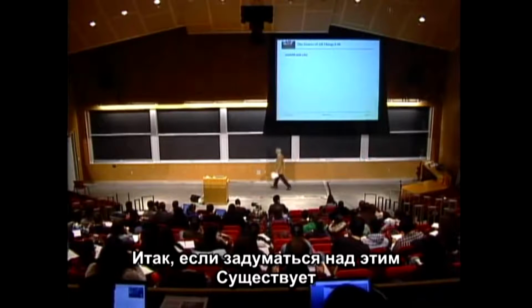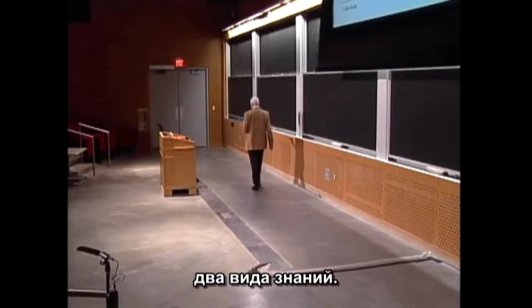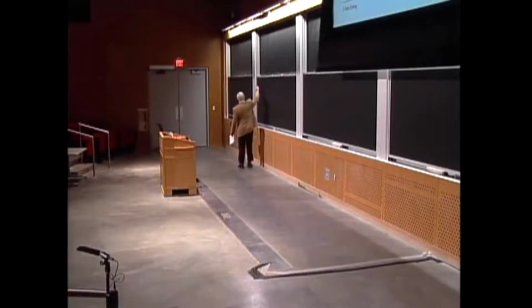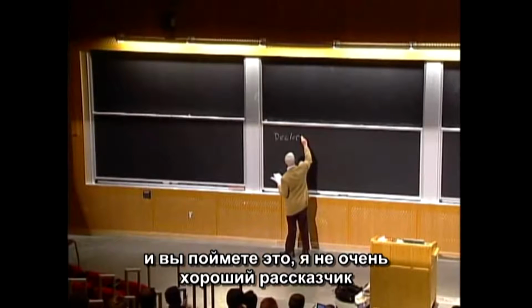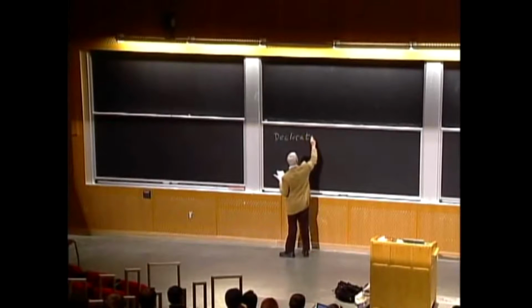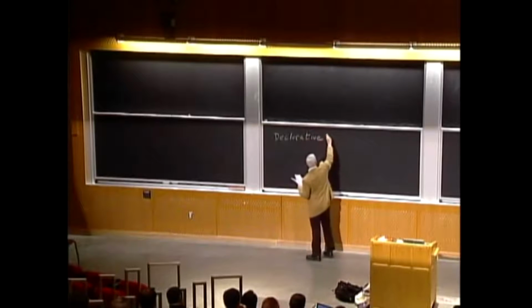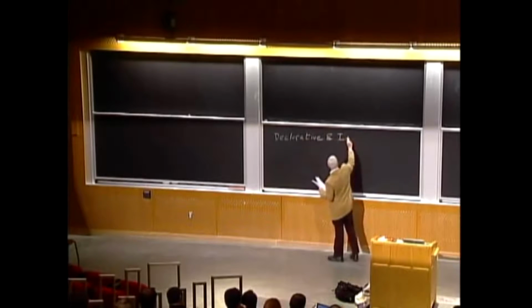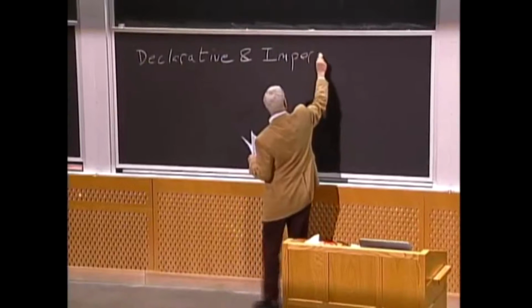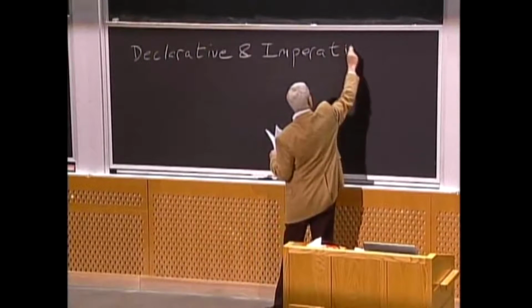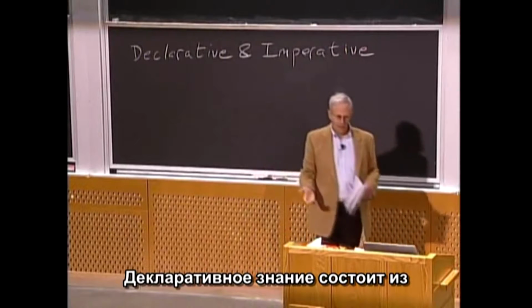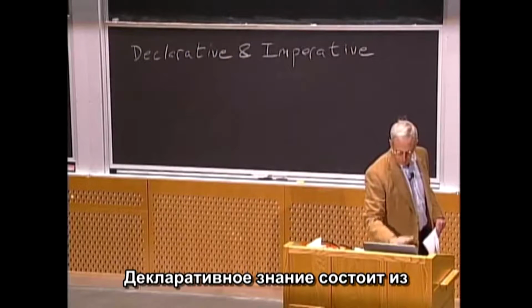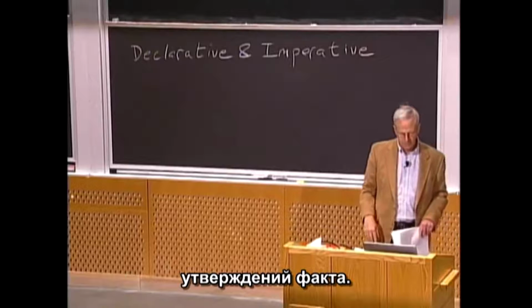So if we think about it, there are essentially two kinds of knowledge. Declarative, and you're going to see I'm not a great speller, and imperative. Declarative knowledge is composed of statements of fact.